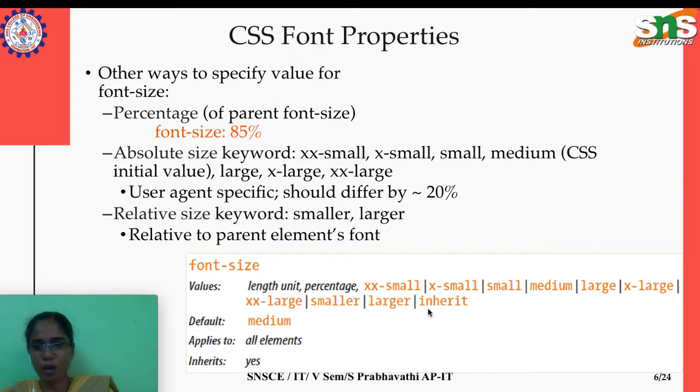Smaller and larger are related to the ancestor, the parent value, so the value depends on the parent font size. XX-small, X-small, small, and the rest relate to absolute size. Every value has its own size, whereas smaller and larger depend on the parent size.